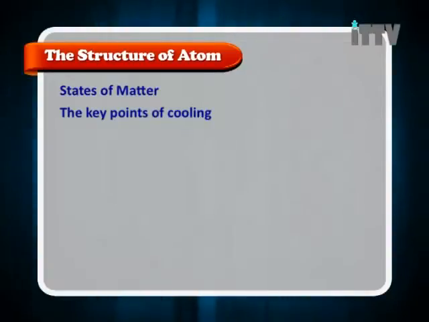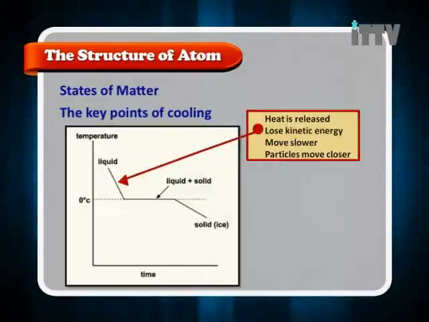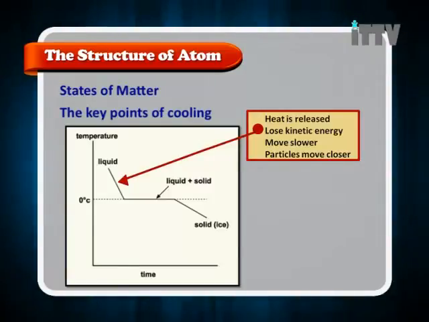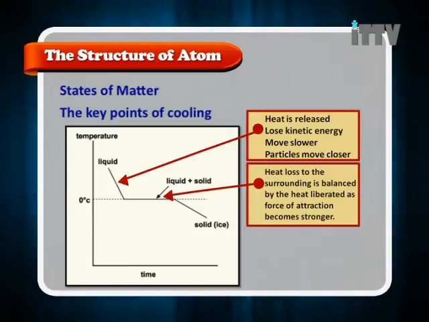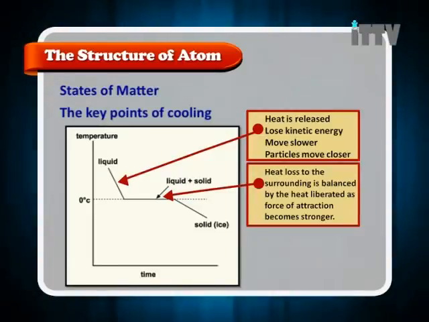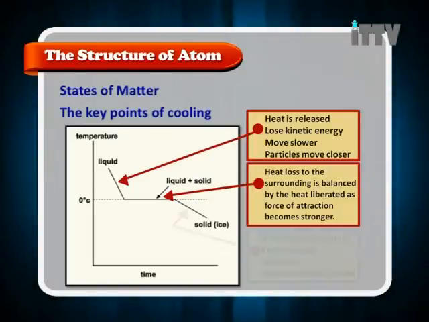Key points of cooling. At the beginning, heat is released. Particles lose kinetic energy and move slower. Particles move closer. During the change of state, heat loss to the surroundings is balanced by the heat liberated as force of attraction becomes stronger.